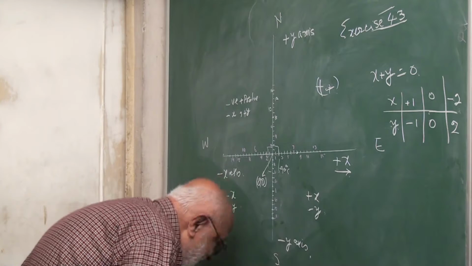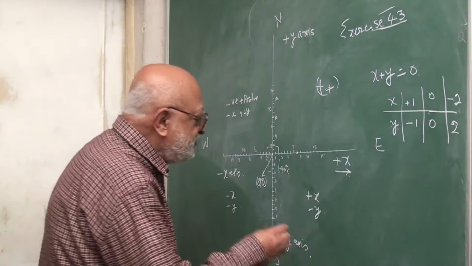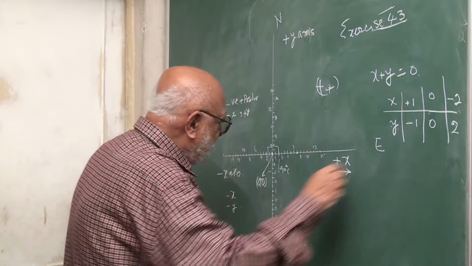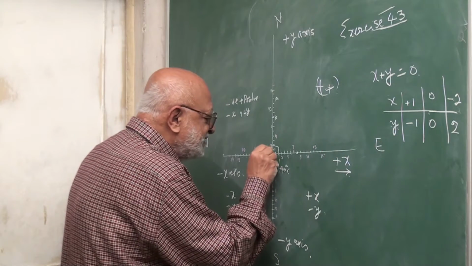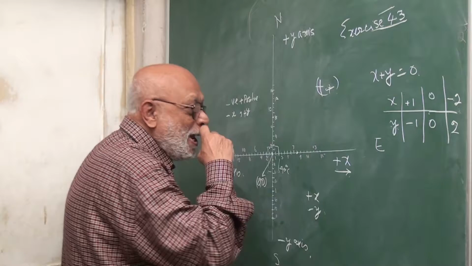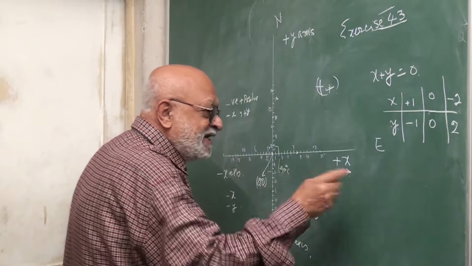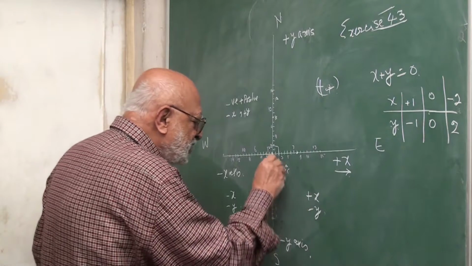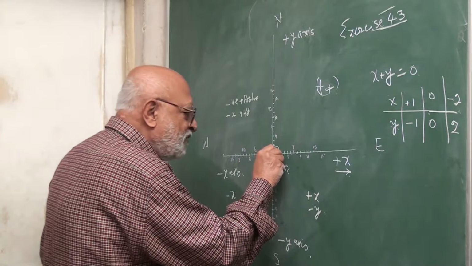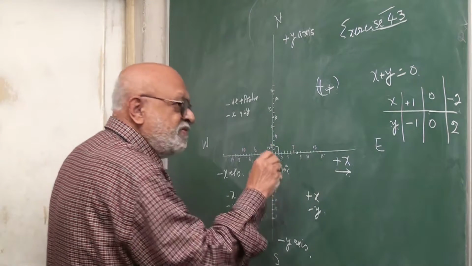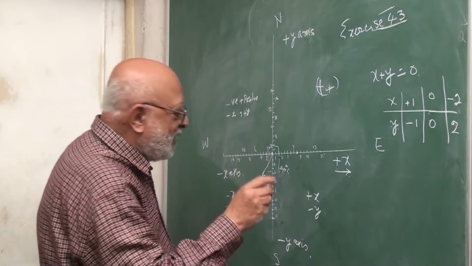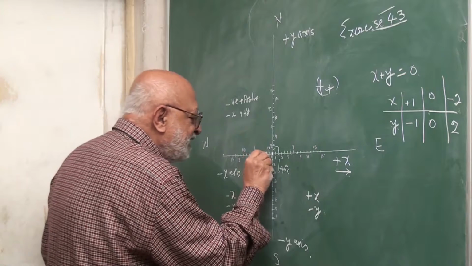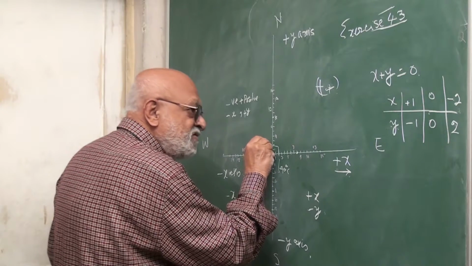You will find this is the point (0, 0), so the graph will go through the origin. This is the point (1, -1). I can take it bigger also, so minus 2 to plus 2: x is minus 2 and y is positive 2, so it will be on this side.